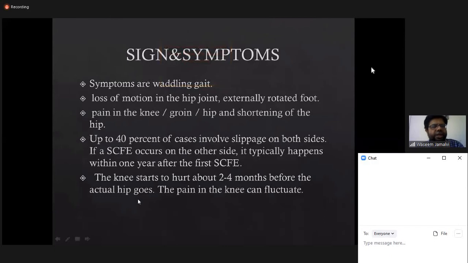So sometimes you cannot pick it up early, because the patient is complaining of a problem in the knee, and you are investigating, treating and checking the knee, but the problem is basically in the hip.